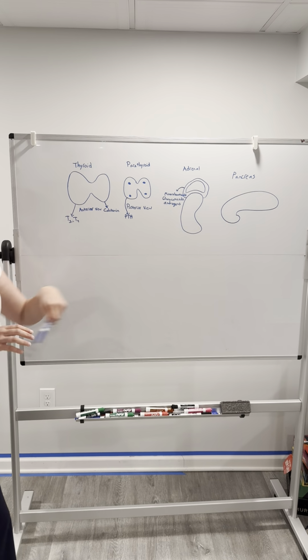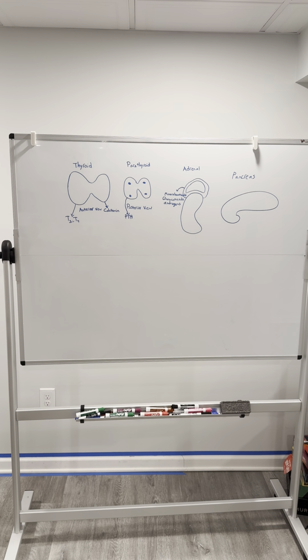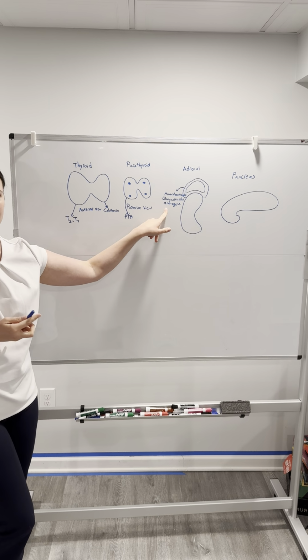Androgens: the major androgen secreted by the adrenal cortex is dehydroepiandrosterone, DHEA. After puberty in males, testosterone is secreted in very large quantities, so DHEA doesn't have much of an effect in males after puberty. In females, remember I said females do have androgens as well.